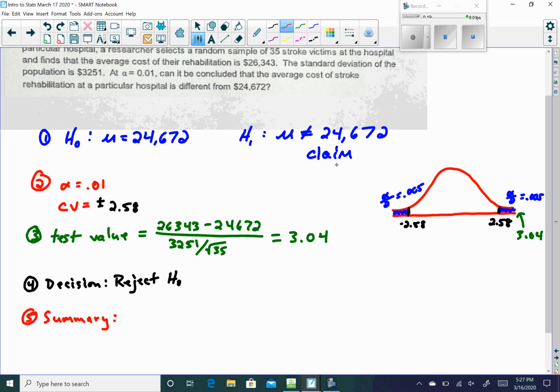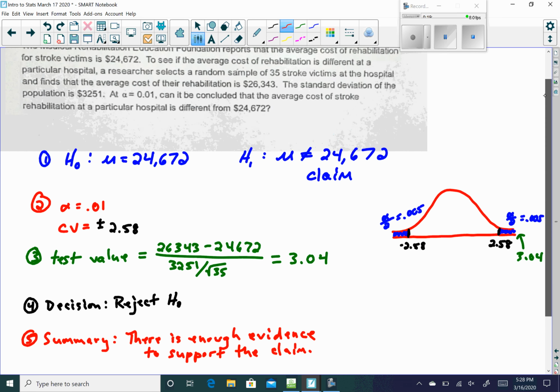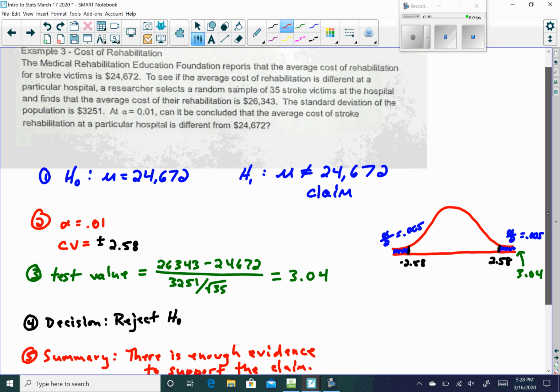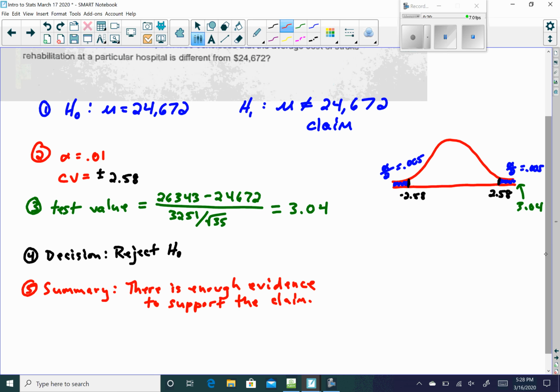We reject the null hypothesis, so then we say there's enough evidence to support our claim. Again, just go back and read what the claim was again. So we want to see if the average cost of rehabilitation is different at a particular hospital. And again, different from the 24,672.